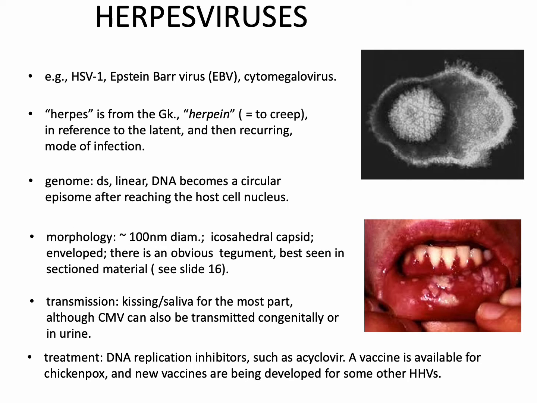Anyway, it's no surprise to learn that these viruses can manipulate host cells to their own benefit. And in point of fact, the herpes viruses are extremely well adapted to their hosts, rarely causing severe disease.